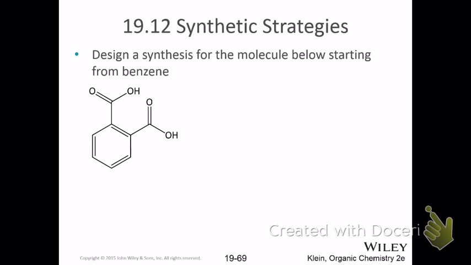So how do you make that? Start from benzene, right? But let's analyze this product. So I have a benzene ring, but I have these on them. Where do those come from? Yeah, it's like a Jones reaction, right? With an sp3 carbon that has hydrogens on it.